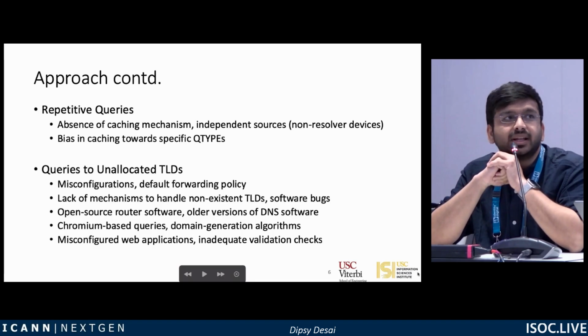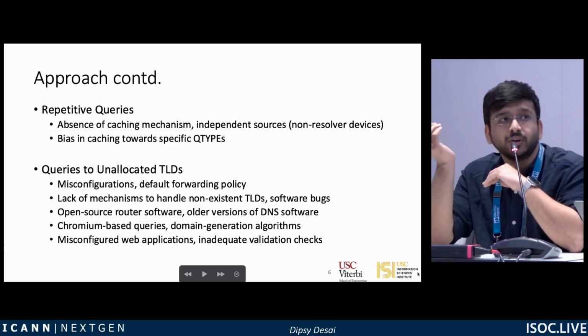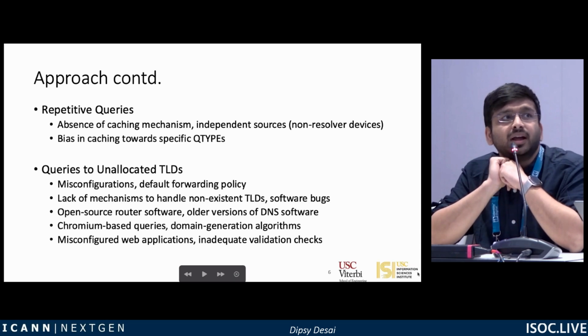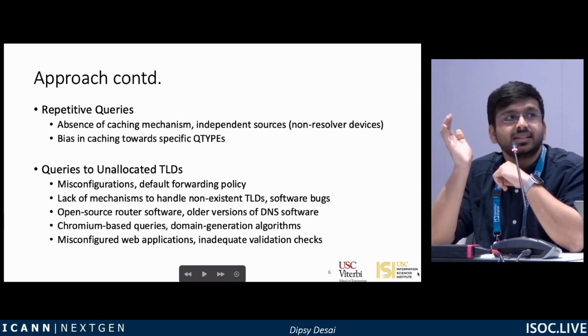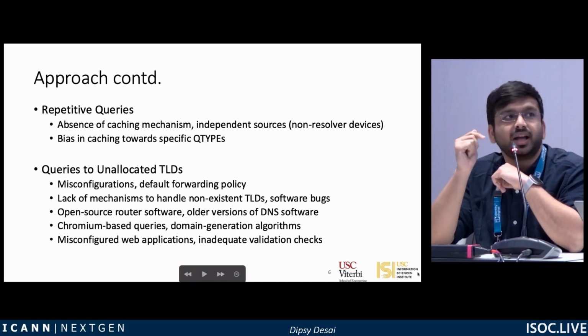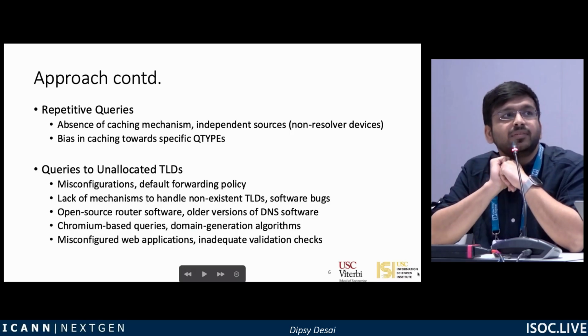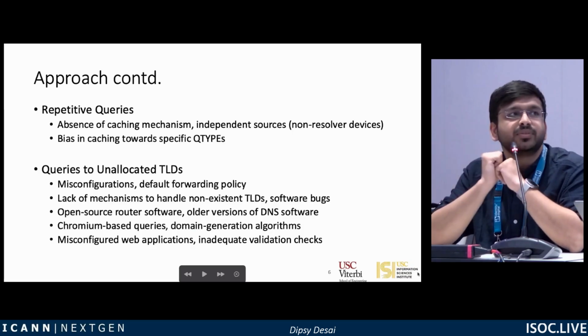The other thing can be that there are no resolvers at all, and there are independent devices which are trying to talk to root servers directly. We also observe that there has been a bias in caching mechanisms for different query types, such as IPv4 and IPv6 addresses are cached for a longer period of time in comparison with mail servers and name servers and other types. The queries to unallocated TLDs are the major chunk of unwanted queries that we see.